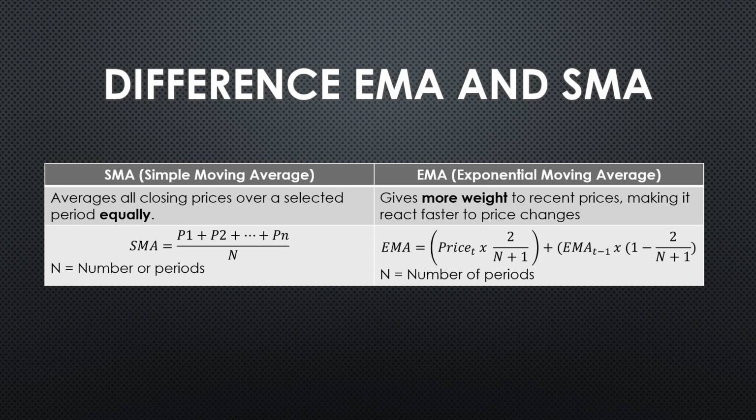The difference is that an SMA averages all the closing prices over a selected period equally, while an EMA gives more weight to recent prices, which makes it a lot more reactive, or react a lot faster, to price changes. I also included the calculations of how an SMA and an EMA are calculated.